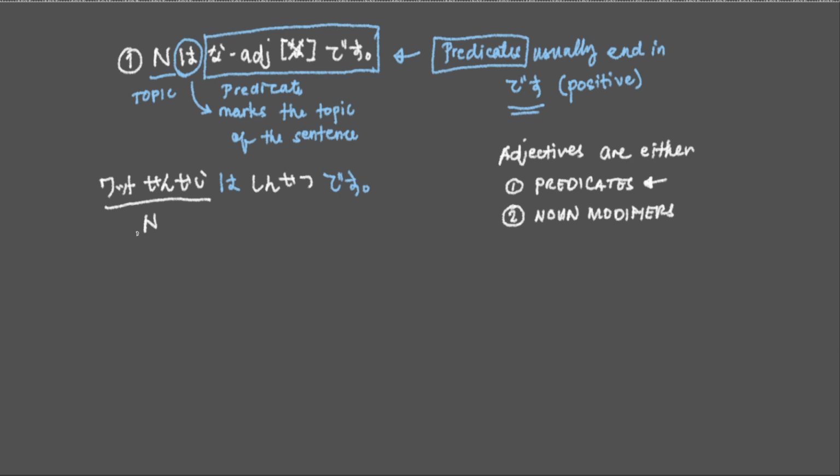Watto sensei is the noun. Wa is the marker that this is the topic of the sentence. And then we have shinsetsu, which is a na adjective without using the na. So you can see here, it's just shinsetsu. We're not using na. And then, of course, our polite ender of the sentence, desu. Alright? So that is noun wa na adjective without the na, desu.